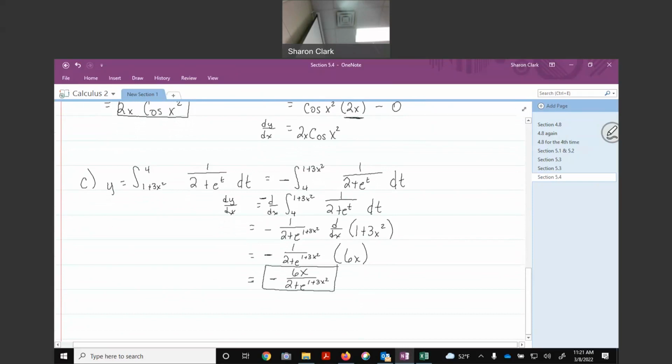What does the 4 tell us? That was the number. We start at 4. So if we plugged in the 4, we would get a constant, and that would differentiate out to 0. So we don't use it. It's just the lower limit. If you're doing the fundamental theorem of calculus part 1, you have to have a starting and an ending point.